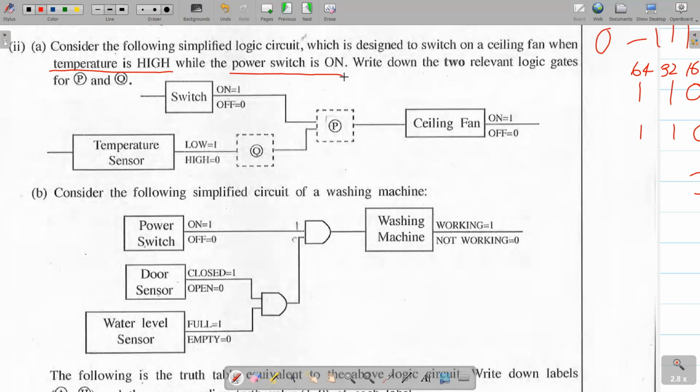Right, so for the ceiling fan to turn on, these two conditions should happen properly. If the ceiling fan indicates 1, and we take the temperature sensor as T, the temperature sensor indicates high from 0. So that means this is not T but T bar.